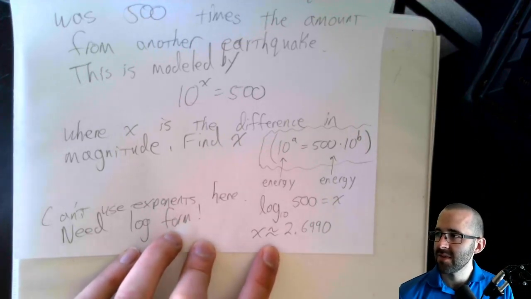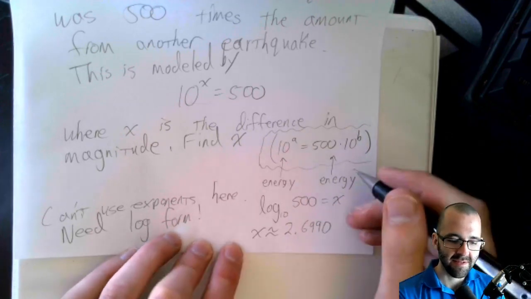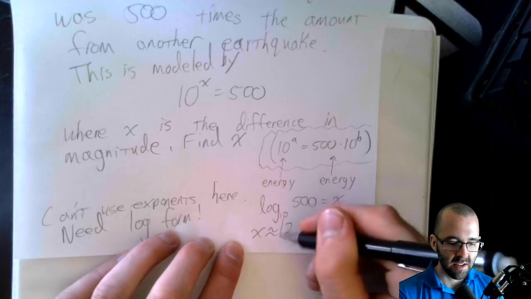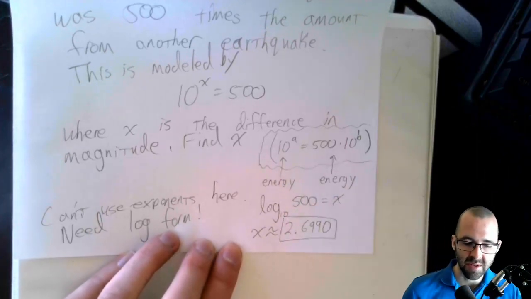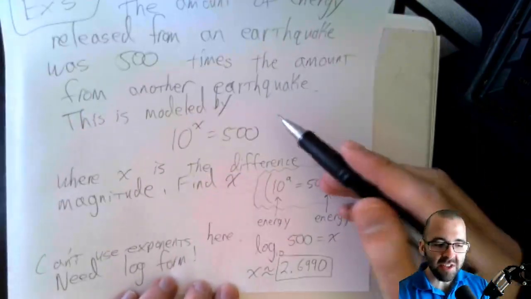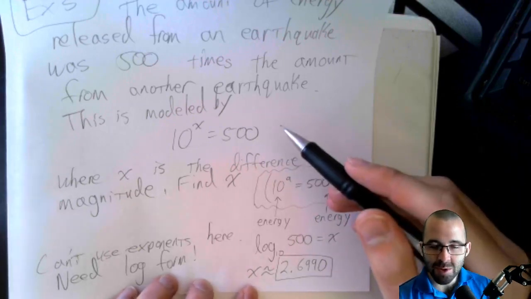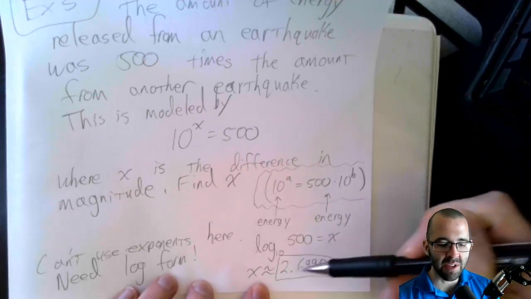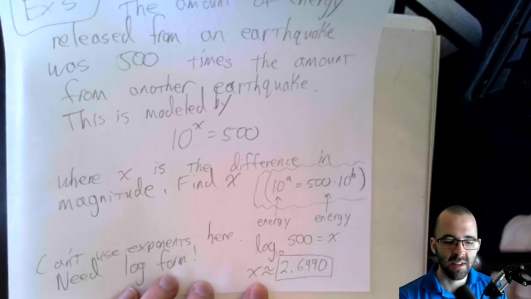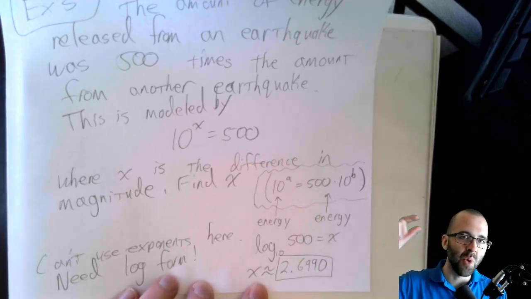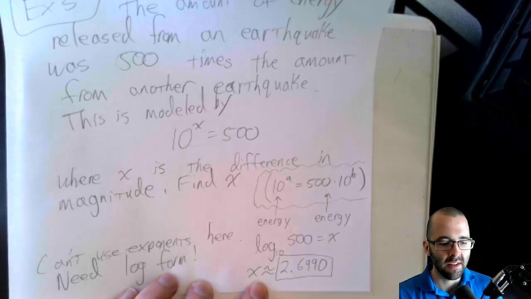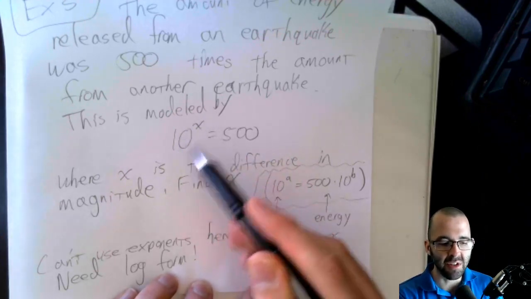Who knows? This is the difference of magnitude between those two earthquakes. This second earthquake was 500 times as much energy, but the magnitude of the earthquakes was only different by about 2.7. And that's the relationship between what it means to say an earthquake is magnitude 5, it has an exponential amount of energy.